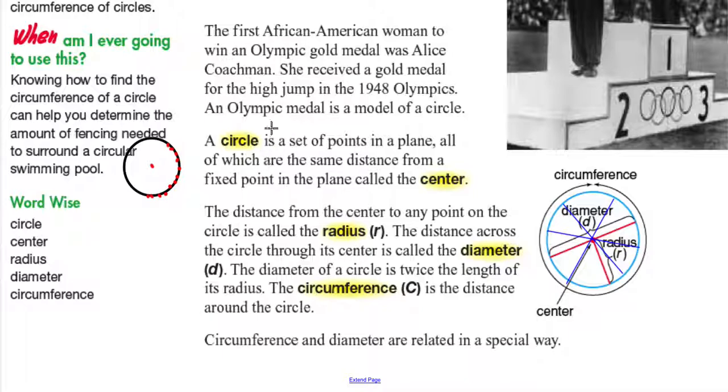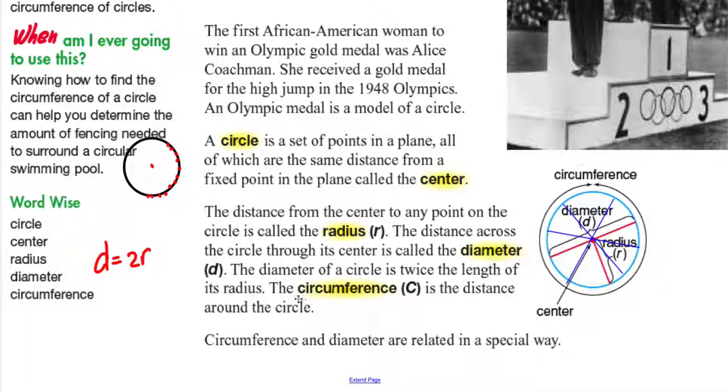By the way, radius is designated as lowercase r, and diameter is designated as lowercase d. The diameter of a circle is twice the length of the radius. The diameter equals 2r.